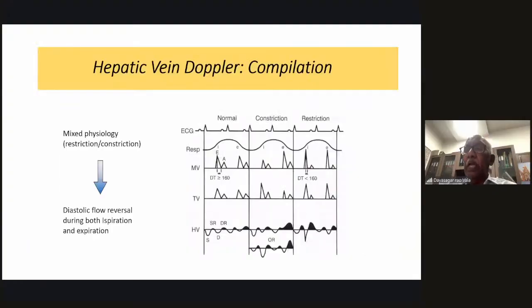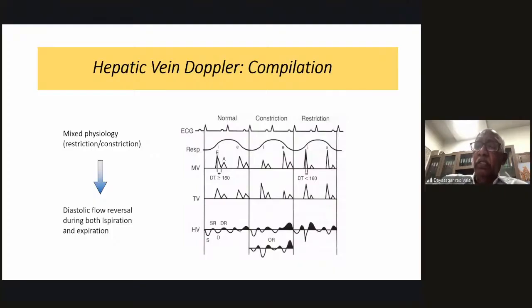This not only happens on the right side, we can evaluate it from the left side using mitral Doppler. We can evaluate the right-sided changes also by interrogating the hepatic veins or sometimes even tricuspid valve flow velocities as well.